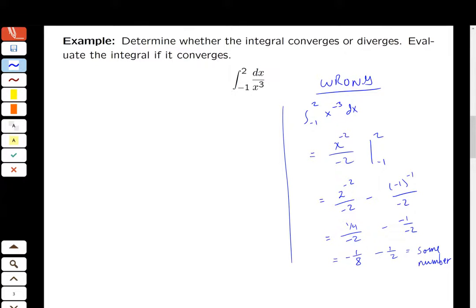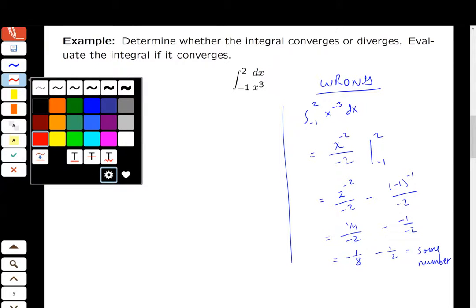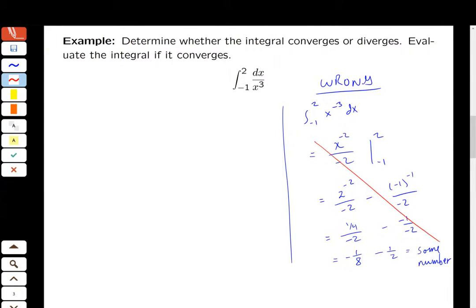That's the wrong way. Let me get a red marker. Bright red. This is wrong. Now let me show you why. To all outward appearances, it looks correct, right? I haven't made a mistake that you can see. Except I would submit to you that you can't plug in 0 into the function 1 over x cubed. 1 over x cubed is undefined at 0.